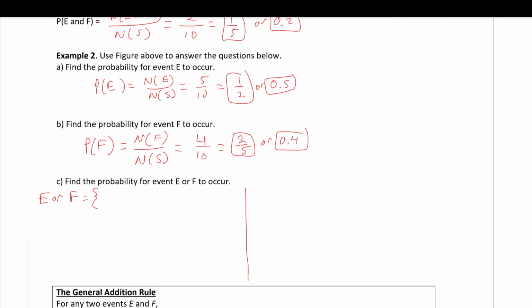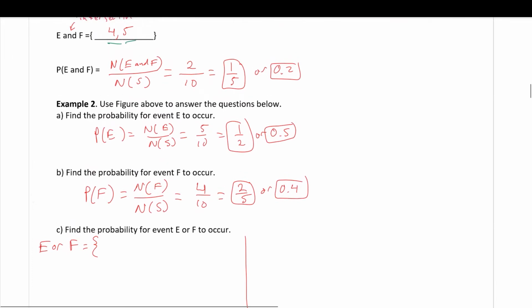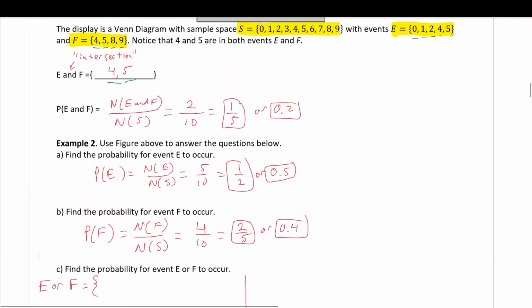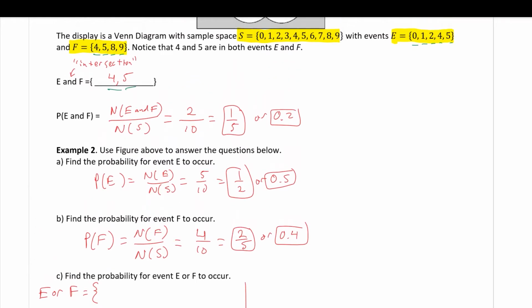It means if we were to unify these two sets, E and F, what would they have? Not what they have in common, that's the intersection. It's E or F, we're unifying the two. So we would start off with E, which is 0, 1, 2, 4, 5. And then we would have all these, and also everything in F. But you see how 4, 5 is repeated, so you just don't repeat those.